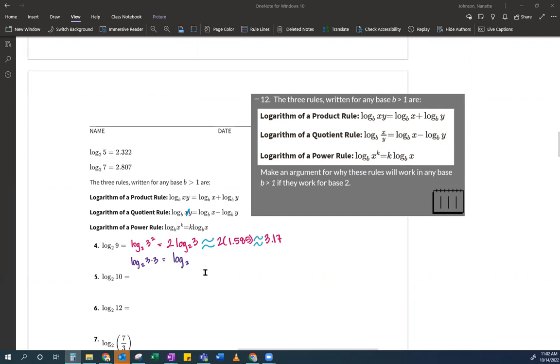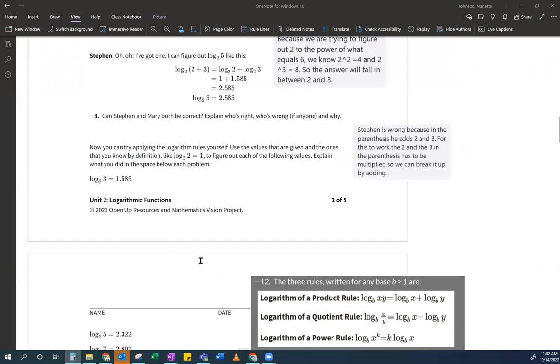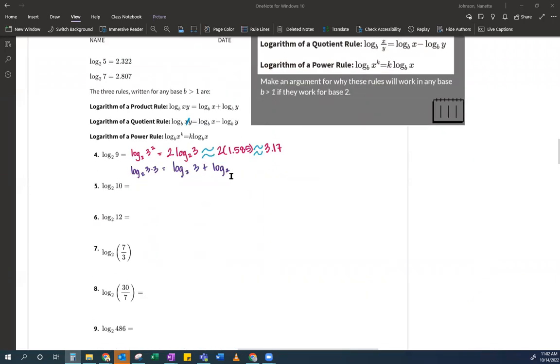As soon as my iPad catches up, you could either add these two log base 2 of 3s together, which pushes you over here to 2 log base 2 of 3, or you can substitute right now 1.585 plus 1.585, which would still give you the same answer. So here, I'm going to just draw a little line to put me right here, because then you would be like, oh, and then I could just continue. And the answer is yes.